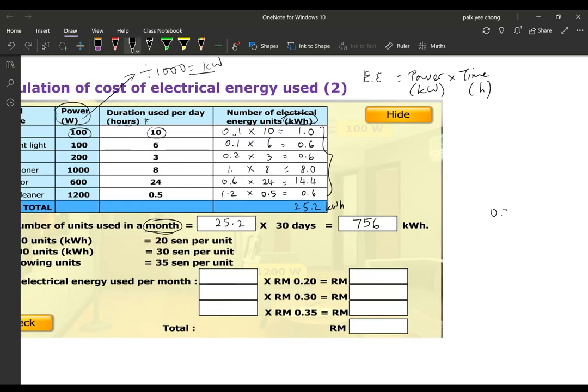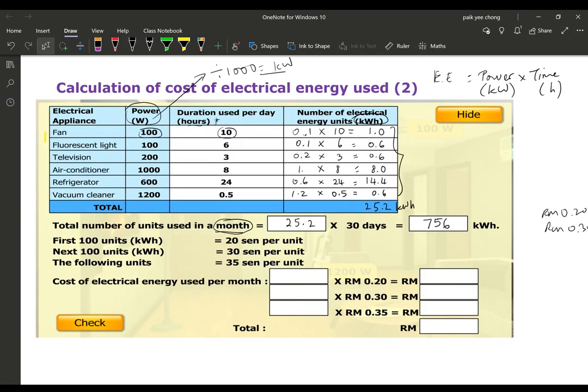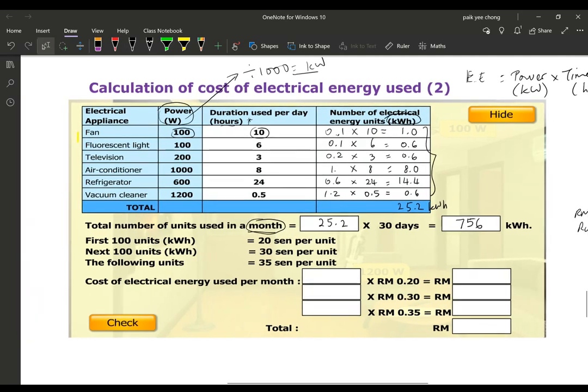In the previous examples we have seen a very easy rate, either 20 cents for 1 unit, or maybe 30 cents for all the kilowatt hours. But in actual case, in our country, we have different rates for different amounts of kilowatt hour use. So it's not always the same rate. It's what we call a tariff, which means there is a table. For the first 100 units, they will calculate using 20 cents.